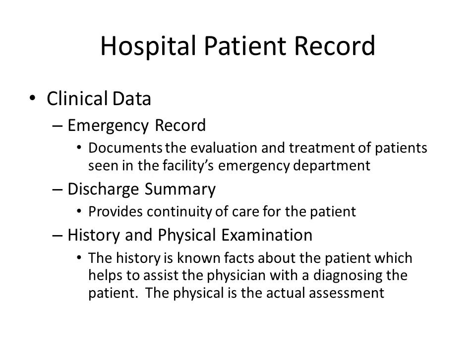Okay, so the first document we want to talk about is the emergency record. That's pretty much any documentation and evaluation of the treatment of that particular patient while they were in the emergency room. Now, the discharge summary can come one of two ways. If you go to the emergency room, a discharge summary could be generated there.